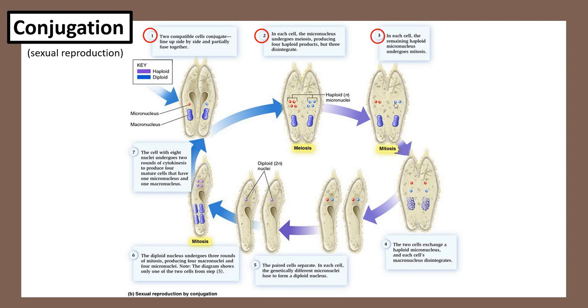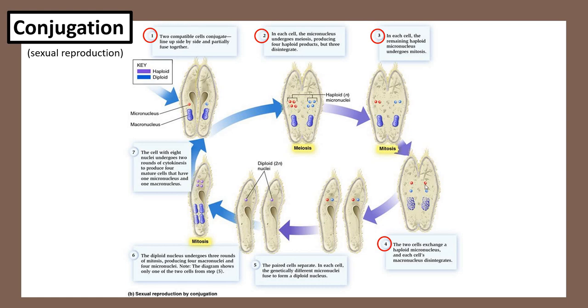Now, for step 3, whichever one remains, it splits and doubles. So now you have 2 in each cell that are identical. Then the 2 paramecia, the cells, exchange their micronuclei, one of each, so that each cell now has micronuclei that are different within the cell, but identical in each.